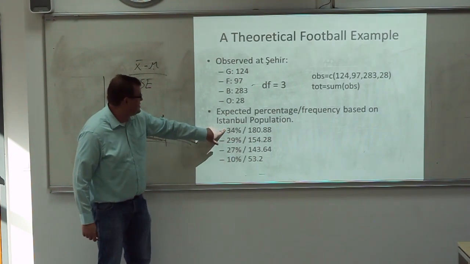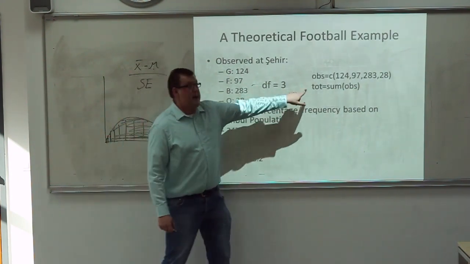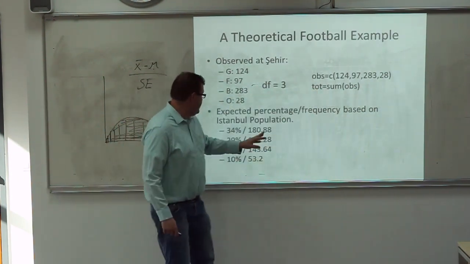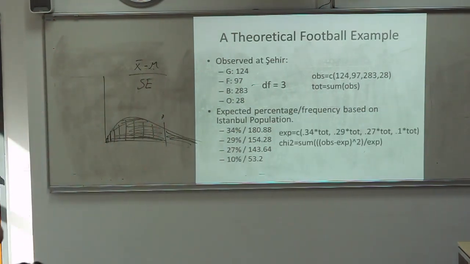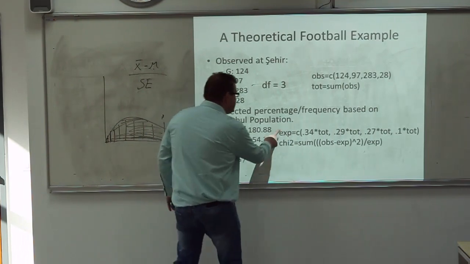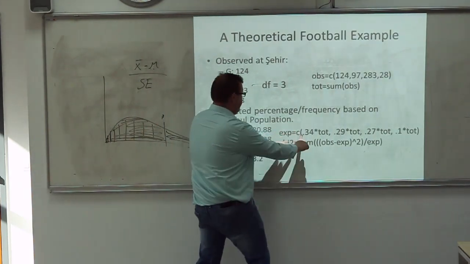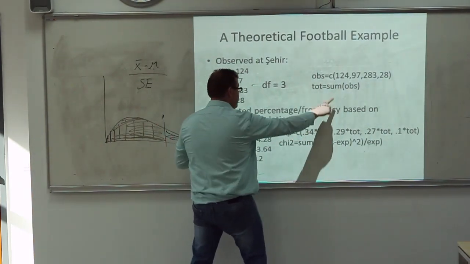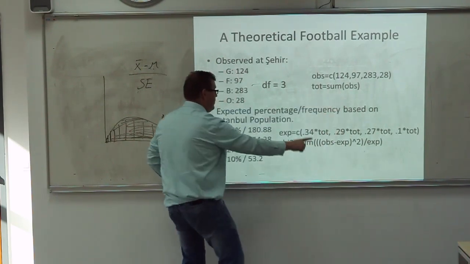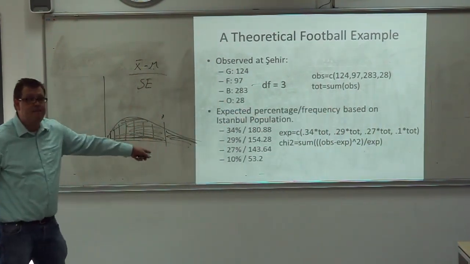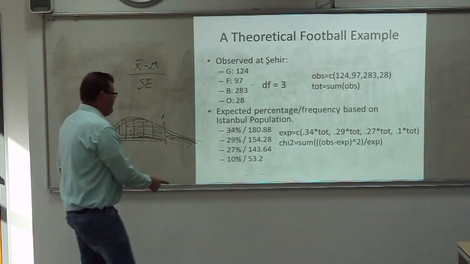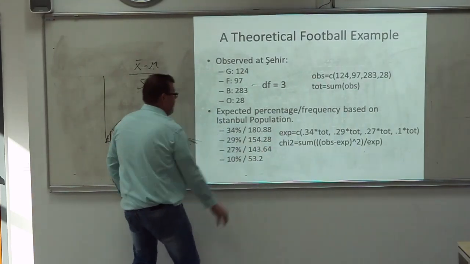All you need to do is multiply the percentages by the total to get the expected values. So expected equals 34% of the total, 29% of the total, 27% of the total, and 10% of the total, right? And if you do this, you'll get these values right here.